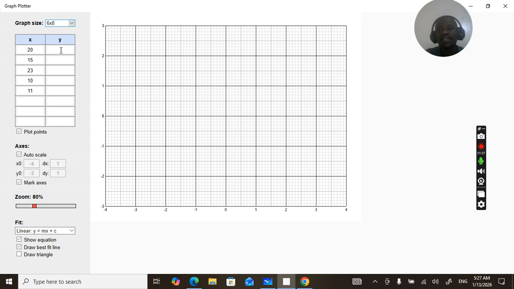For Y, which is the United States of America, we can give it 26, 15, 23, 12, maybe 6, like that.